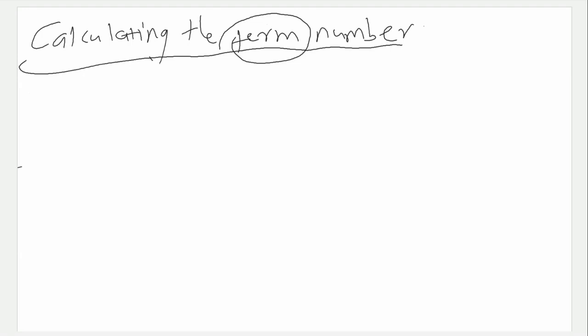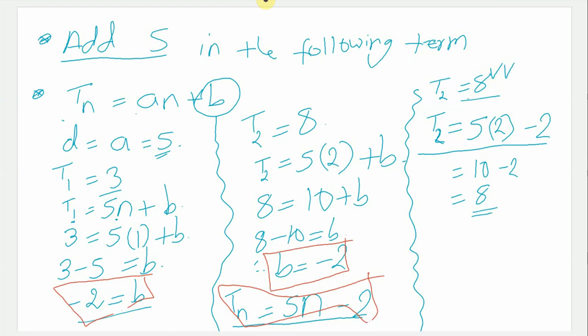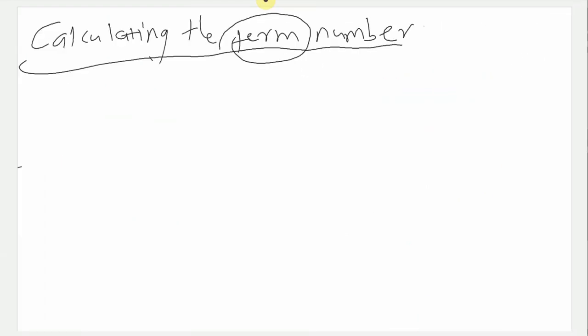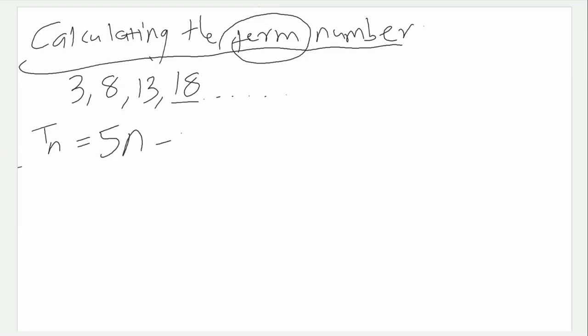So let's go back to our question. We have our sequence, which is 3, 8, 13, and then our new term, which is 18. And the general rule of this sequence is 5n minus 2.